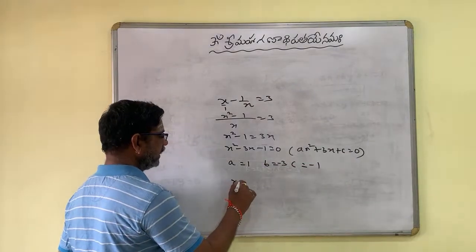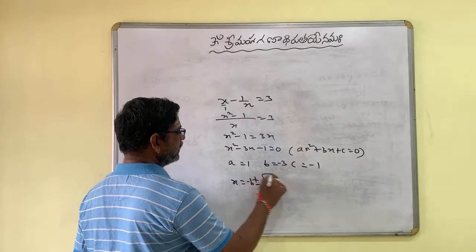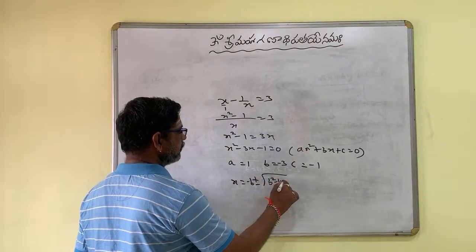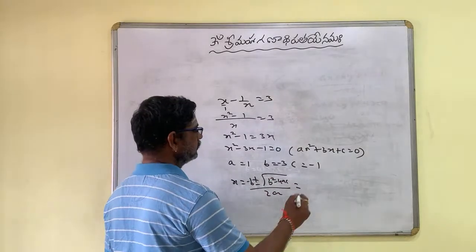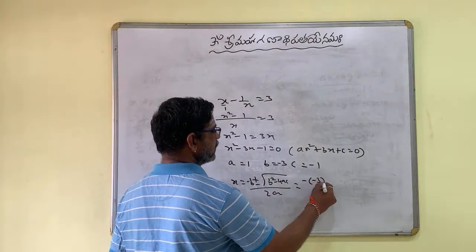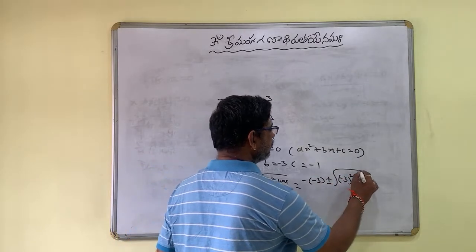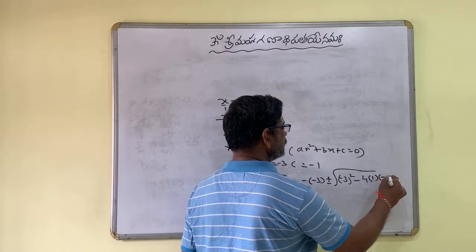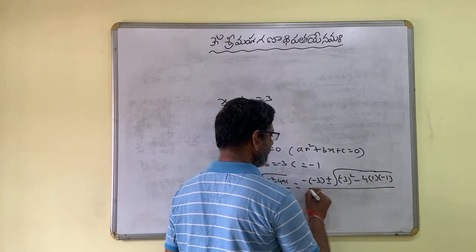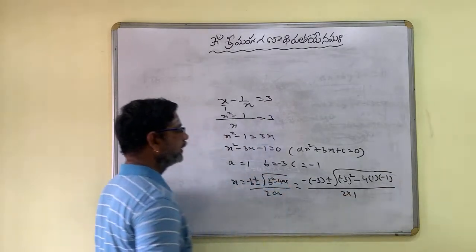Now write down the quadratic formula. Minus b plus or minus root over b square minus 4ac by 2a. Substitute the values. Minus b plus or minus root over b square minus 4ac, c is negative 1, by 2a, 2 into 1.